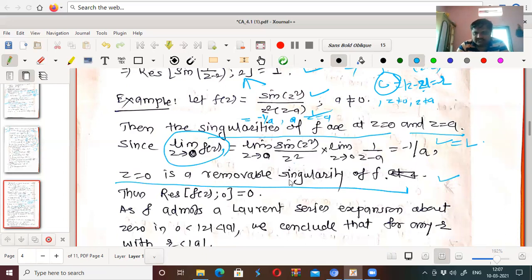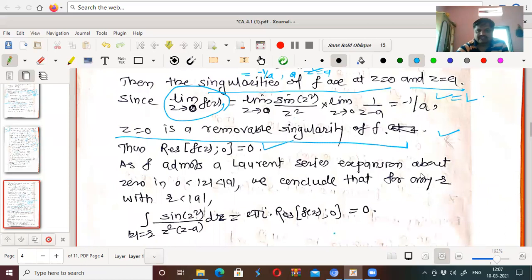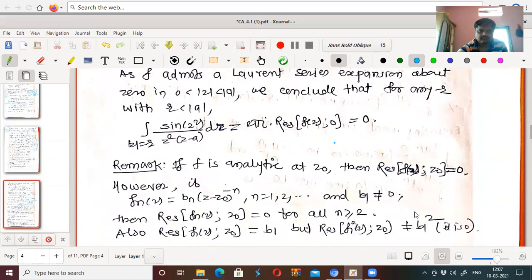If it is a removable singularity, that means the principal part is absent, there is no coefficient of 1 upon z, and therefore the residue of f of z at z equal to 0 is 0. As f admits a Laurent series expansion about 0 in 0 less than mod z less than mod a, we conclude that for any r with r less than mod a, the integral over mod z equal to r, taking a circle with center at the origin and radius r, of sine z square upon z square (z - a) dz equals 2 pi i into the residue, which is equal to 0.